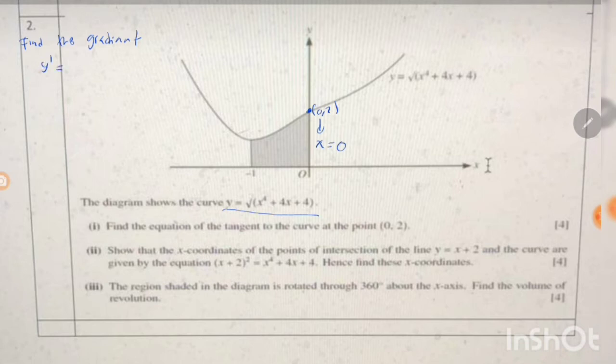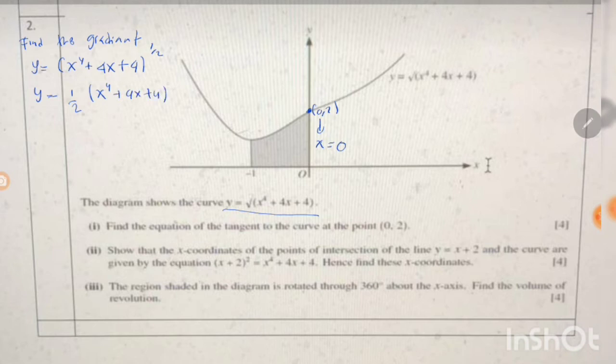We have y equals (x to the power 4 plus 4x plus 4) to the power of 1 over 2, so you have 1 over 2 times (x to the power 4 plus 4x plus 4).